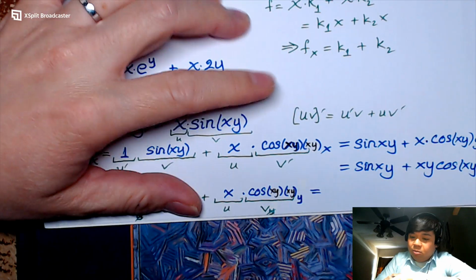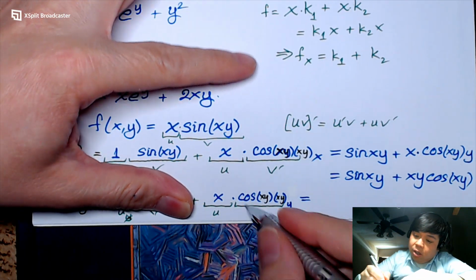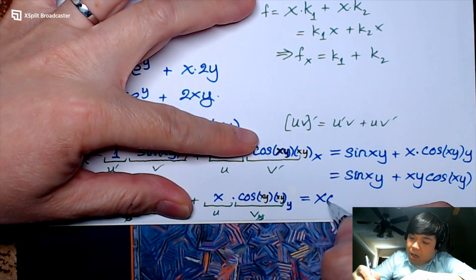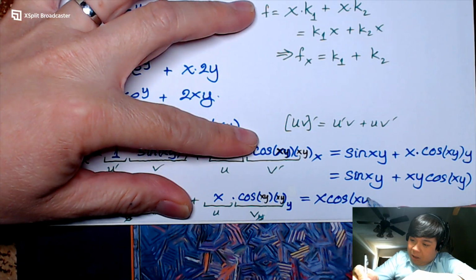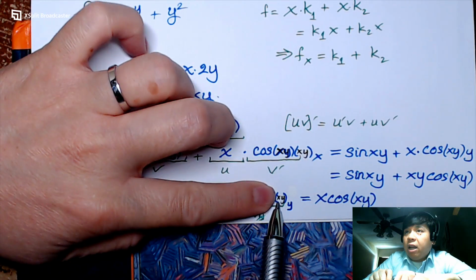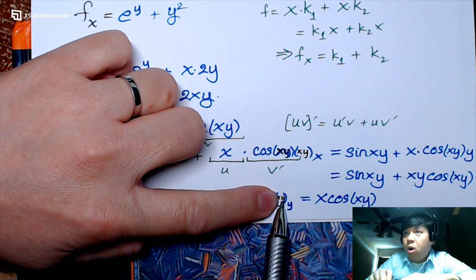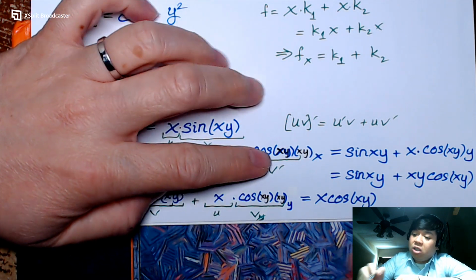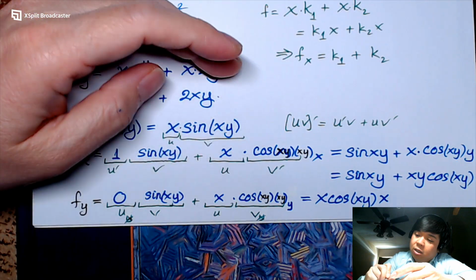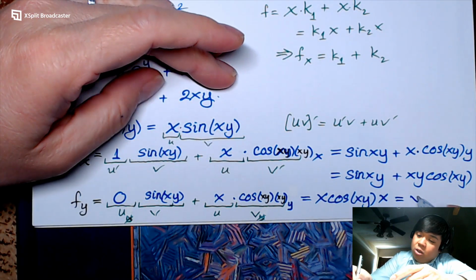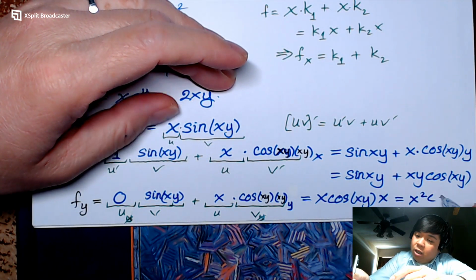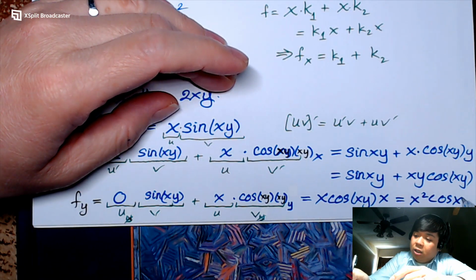That's 0 times anything is 0. We have x cosine of xy. Now, x times y derivative with respect to y, derivative of y is 1. X is constant, so this is just x. So we have x squared cosine of xy.